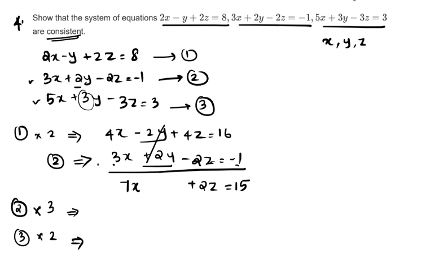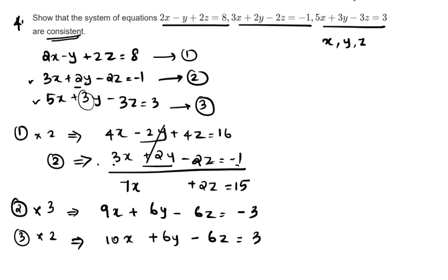Now let us multiply carefully. So 3 3s are 9x plus 3 2s are 6y minus 3 2s are 6z is equal to minus 3. Right? Now the third equation into 2. So 5 2s are 10x, 3 2s are plus 6y, and here we have minus 6z, that is equal to 6.